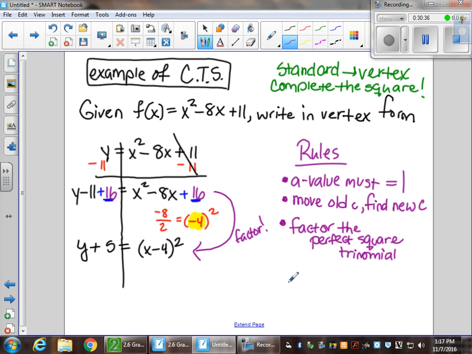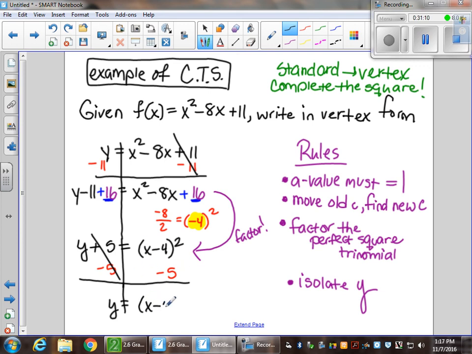Last step, isolate y. So if I do that, y is almost by itself. What's the only term that needs to move? This positive 5. So we're going to subtract 5 from both sides. Y equals, well, clearly, there's nothing alike about this. So exactly what I see written right here is what I'm going to write. Y equals x minus 4 all squared minus 5.